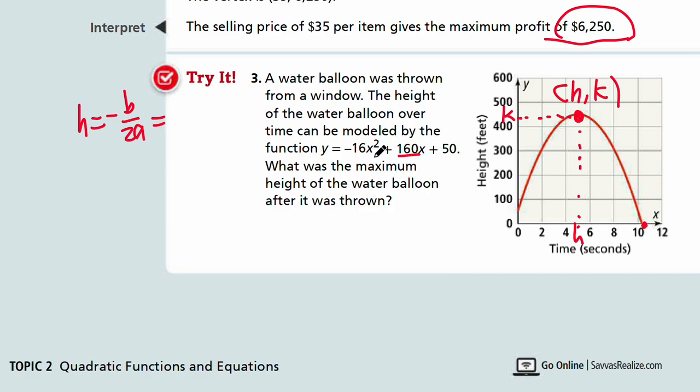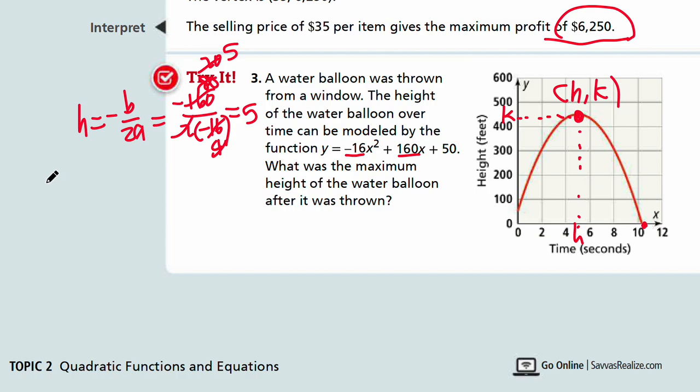B is 160, a is negative 16. So negative 160 over 2 times negative 16 would give you an h of positive, that's 80, and then divide by 4, divide by 5, so positive 5. So h is positive 5.